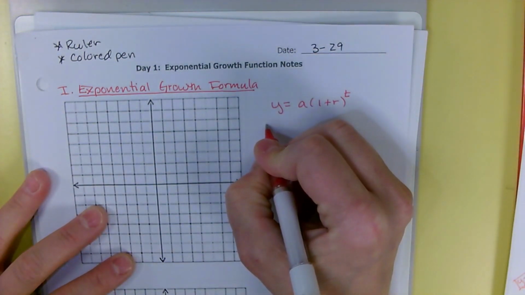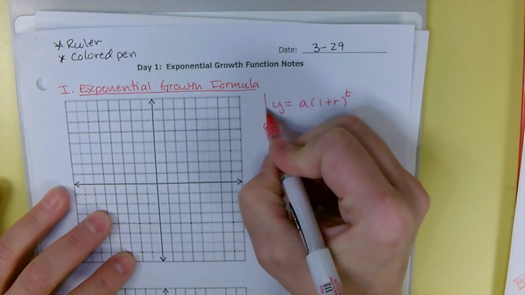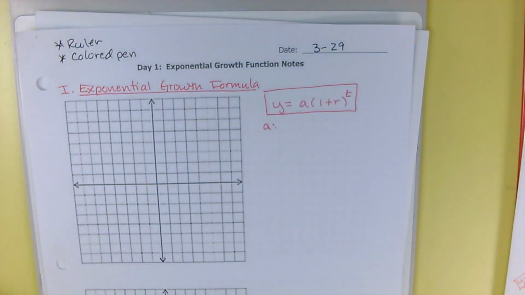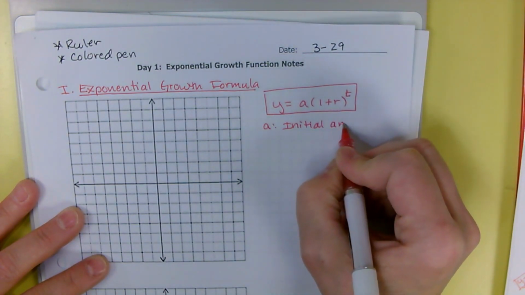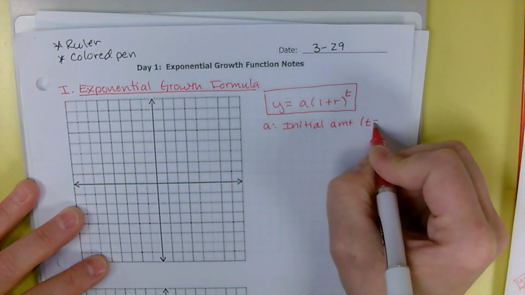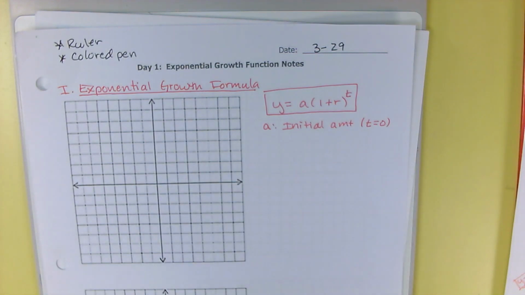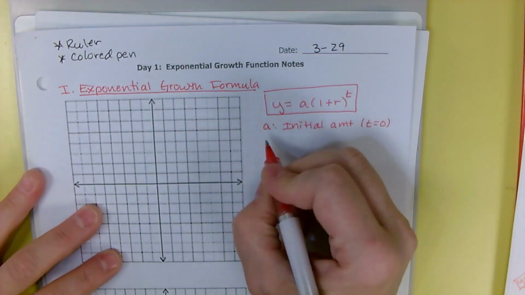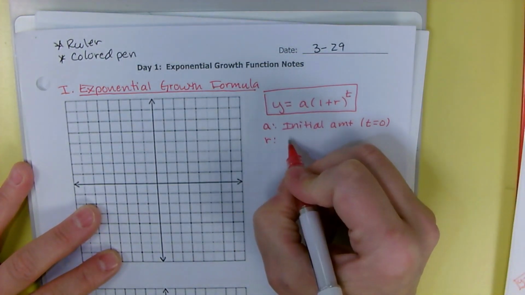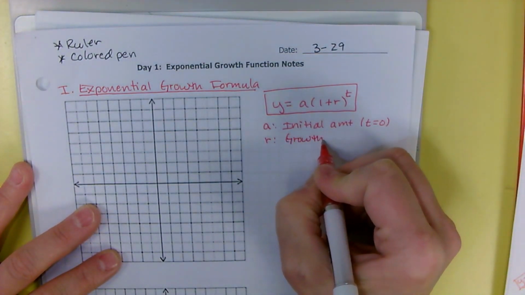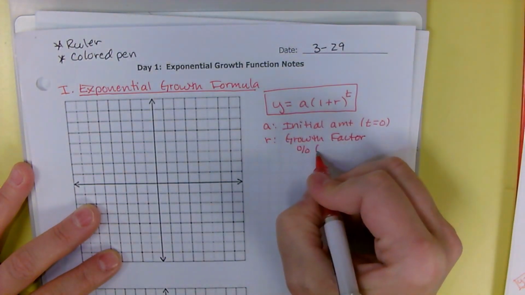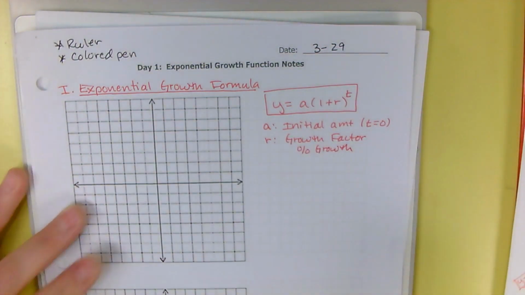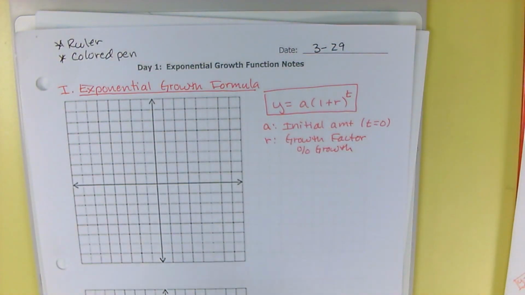All right, in this equation, the letter A is always the initial amount. It's how much you start with when time is 0. The lowercase r is called the growth factor, which is the percentage of growth that's happening, 25%, what have you.